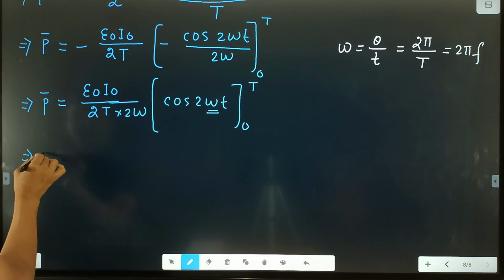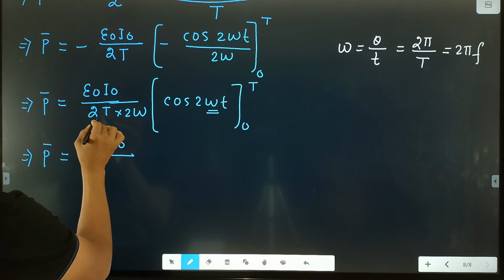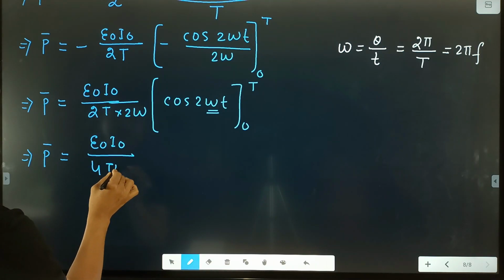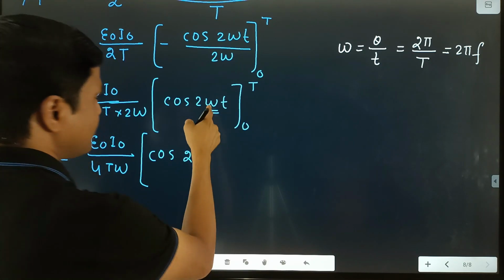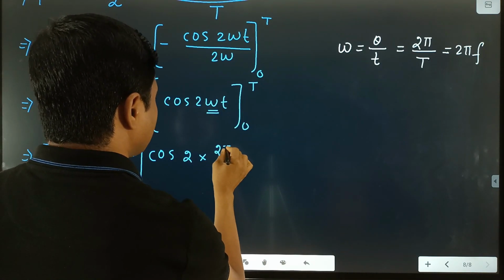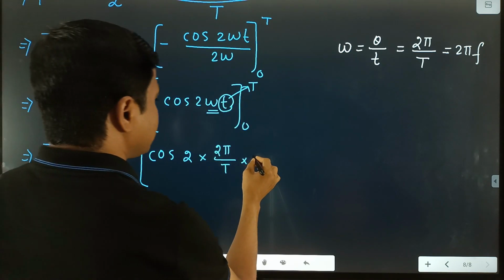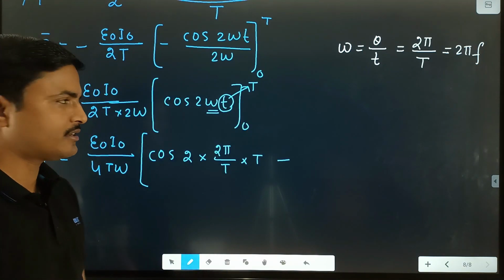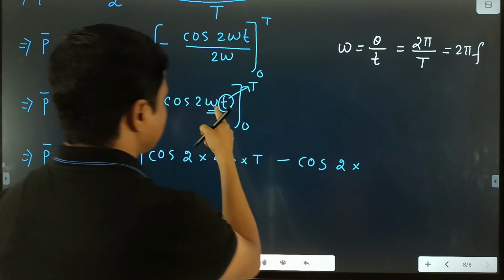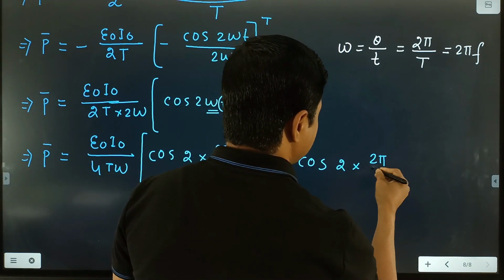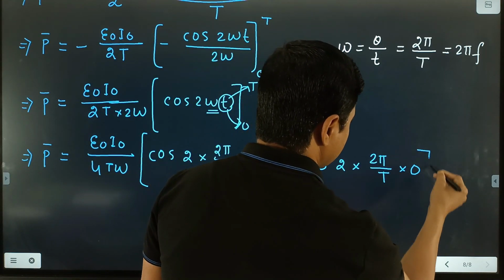That implies average power supplied is equal to E0 I0 divided by 2 into 4 pi omega multiplied by cos 2, in place of omega we write twice pi divided by T, in place of small t first we put the upper limit, that is capital T, then minus sign, next cos 2, in place of omega we write 2 pi by T multiplied by, in place of t we put the lower limit 0.